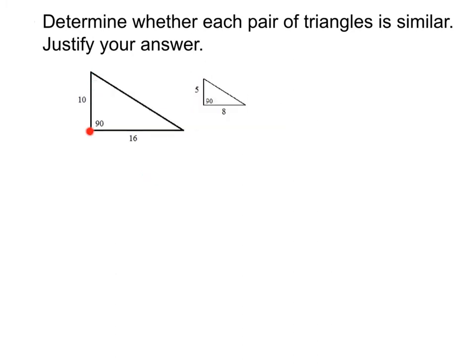These two triangles both have a 90-degree angle. That's one angle congruent. And then we've got the sides on either end of that angle. So this seems like it might match with side-angle-side similarity, but we need to check and make sure those side ratios are proportional. So let's go ahead and set those up.